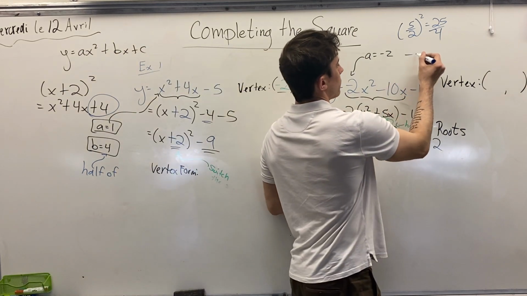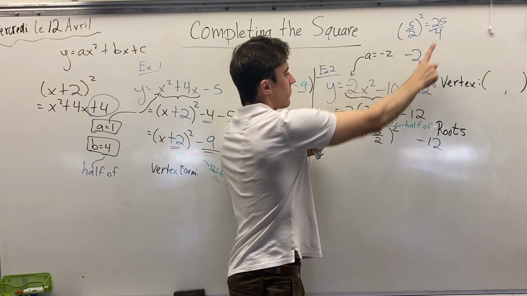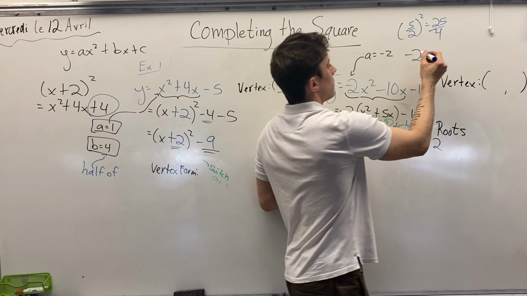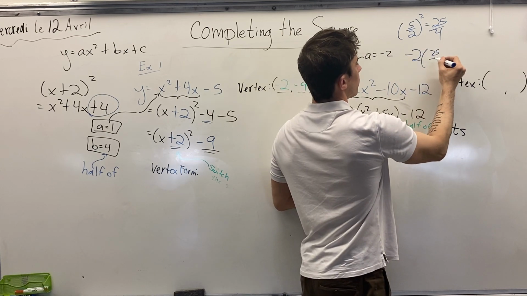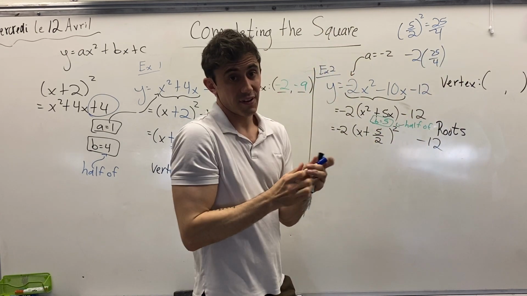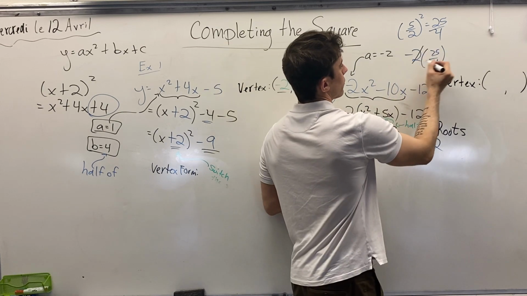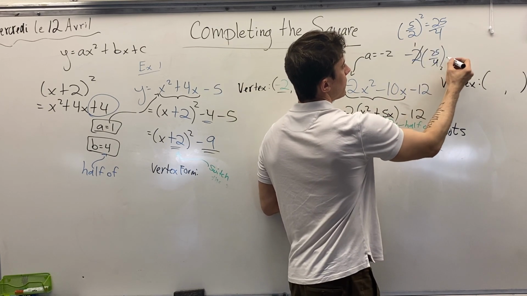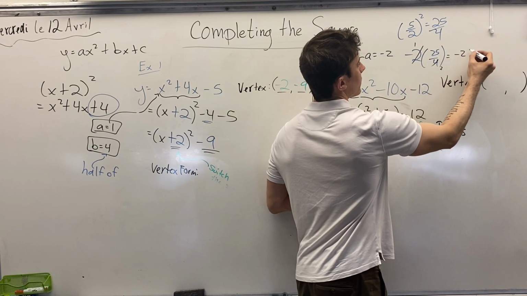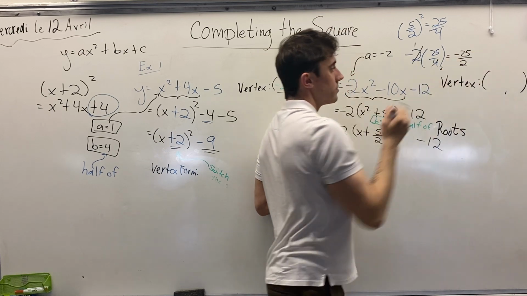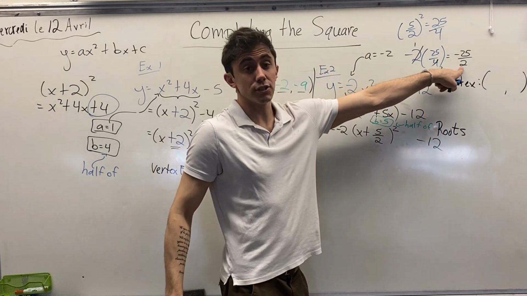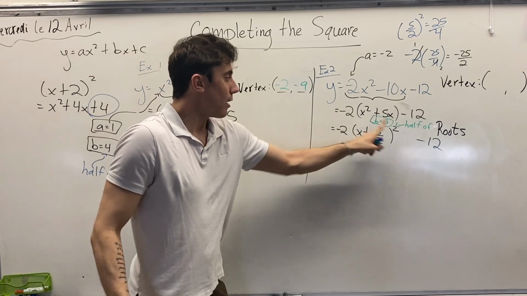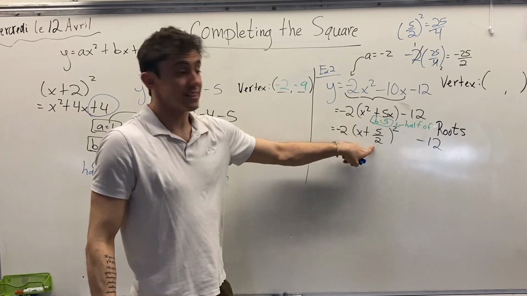So we can go through that. If we multiply 25 fourths by that negative 2, negative 2 times 25 fourths, we can simplify this down. The 2 over the 4 can simplify down to 1 over 2. And so we'll end up with negative 25 over 2. That's what we gained out of writing this like this.